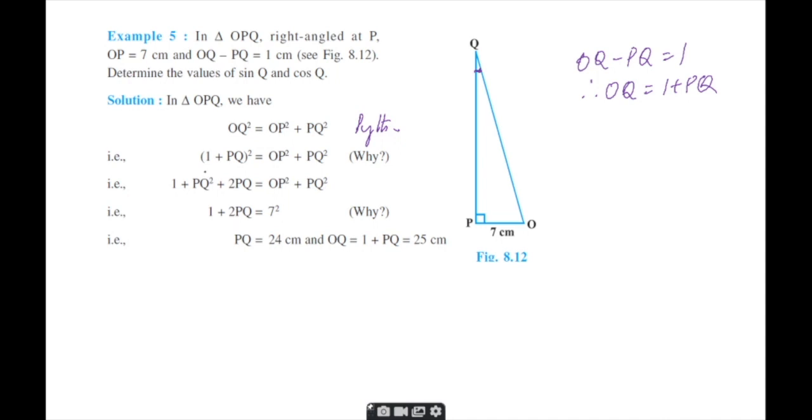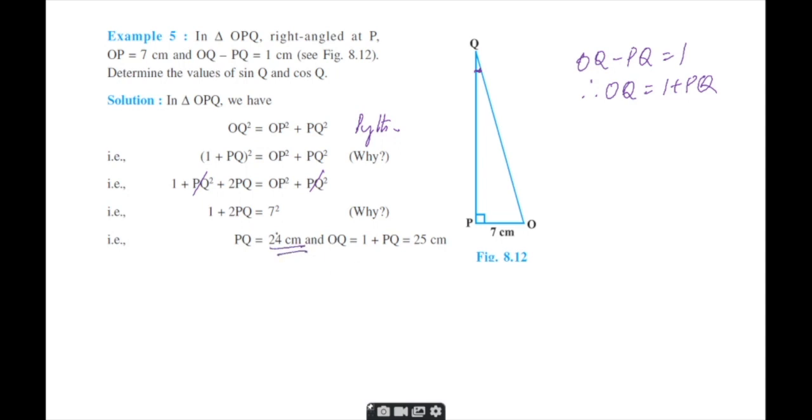So this PQ square can be cancelled from both sides. So 1 plus 2PQ is equal to, OP is given how much? 7. So we can write 7 square. Or we can say 2PQ is equal to, this is 49, 49 minus 1, 48. So PQ is equal to 24 centimeter.